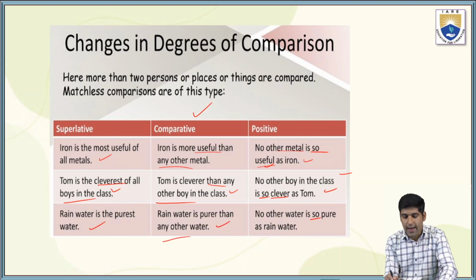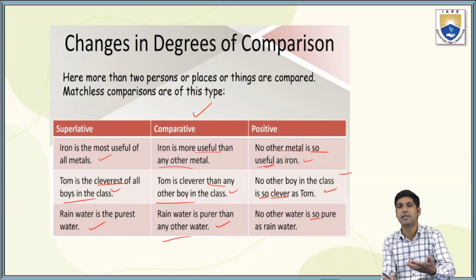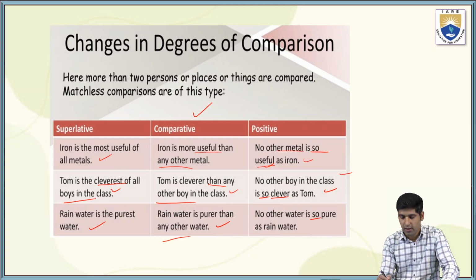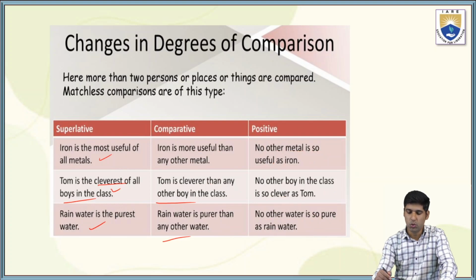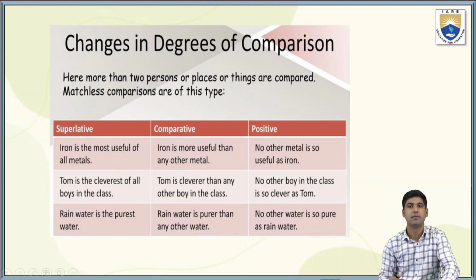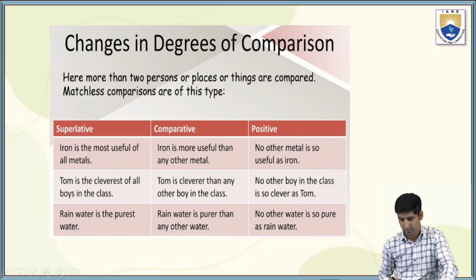Rainwater is purer than any other water. Again, the comparative degree is making a comparison between many waters. No other water is so pure as rainwater. So the base form is making a comparison between more than two things.